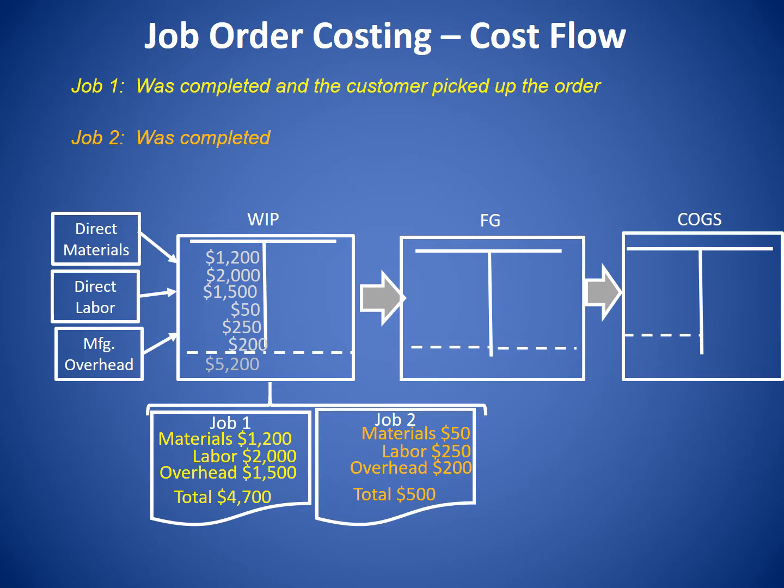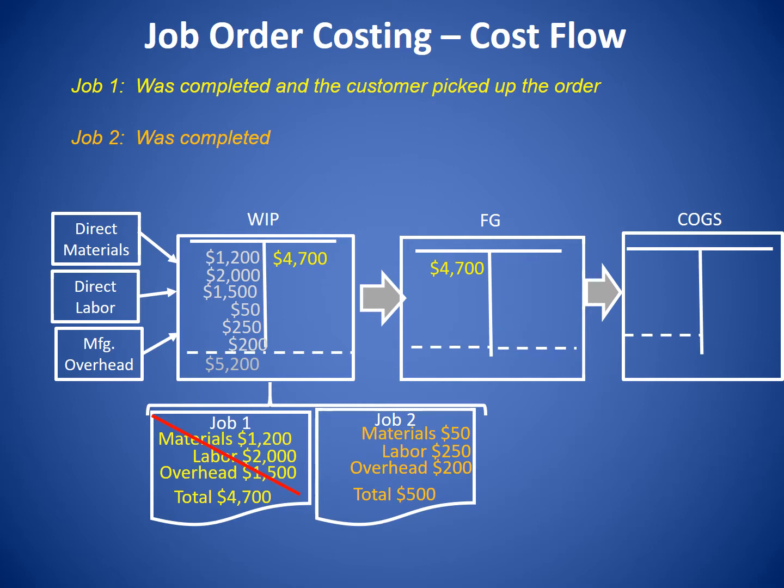So I'm going to make my entry and move $4,700 from work in process into finished goods. At the same time I cancel out the job 1 sheet, so nothing else will be posted to it, to say this job has been completed and it's in finished goods. So now you can see where I've transferred that amount from work in process to finished goods.